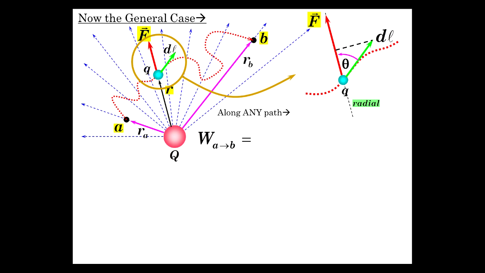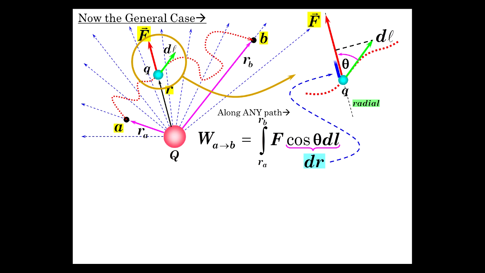The work in moving the charge from A to B is going to be the integral of F cosine of theta dl. Notice that dl cosine of theta is this little quantity here, the radial part. So really, cosine of theta dl is dr. There is dr. And now we can see why along any path it doesn't matter.